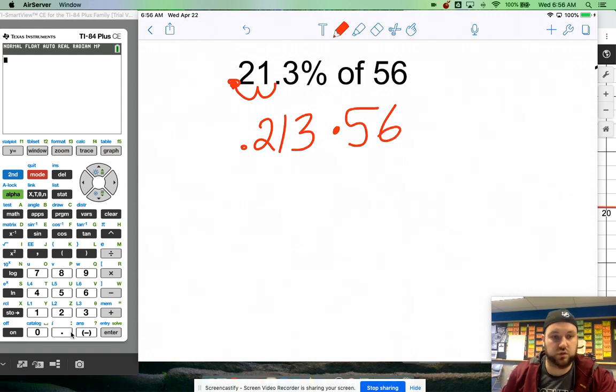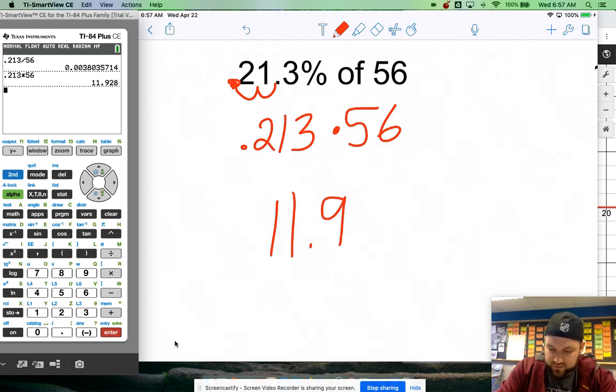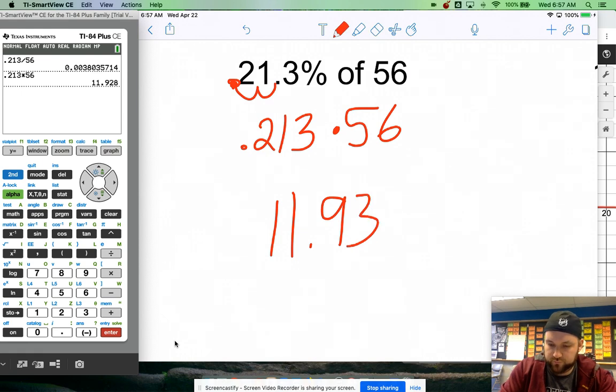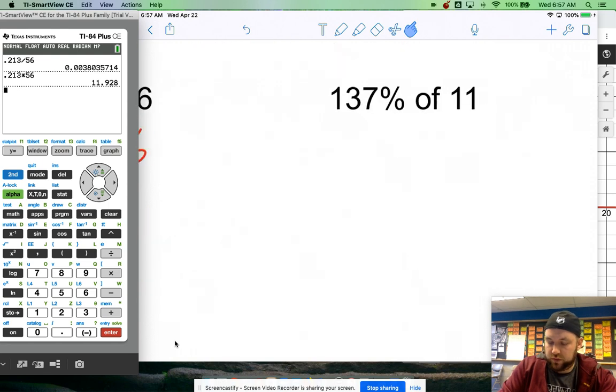So 0.213 times 56, not divided, is 11.928. We're going to be dealing a lot with money today, so I'm going to round 0.928 up to 0.93. That's not exact, but it is just a rounded number.